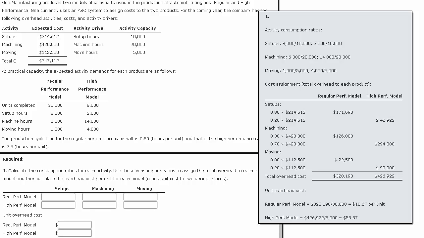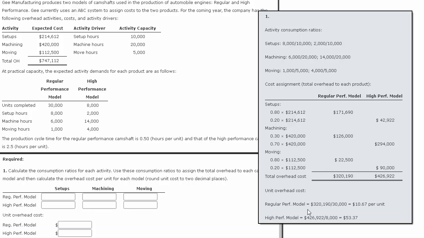So once we have the percentage of the total, we multiply it by the expected cost we expect for each activity. So the 214 winds up here, the 420, which came from machining, gets used, and the 112 gets used. And we indicate which one goes to the regular performance and which one at the high end, and we calculate the total overhead cost.